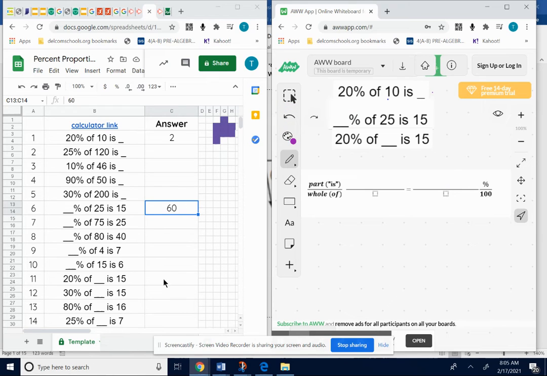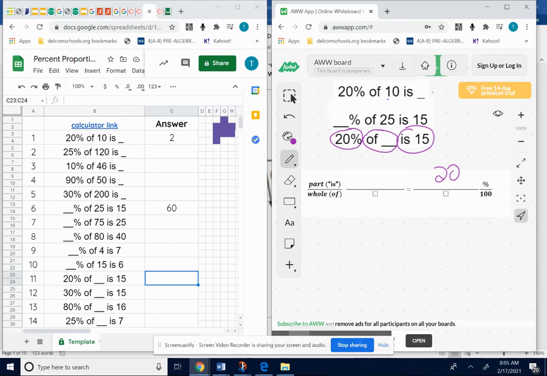Let's look at the first problem down here on the bottom. 20% of blank is 15. So you're just going to go left to right. 20% of something is 15. 20 is the percent number on the top right, of what?